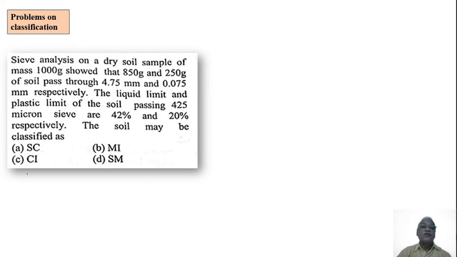So here I can write gravel is 15%, because the soil passing the 4.75 size is 85%, 850 grams. And then fines are 25%, because 250 grams is passing through 0.075.